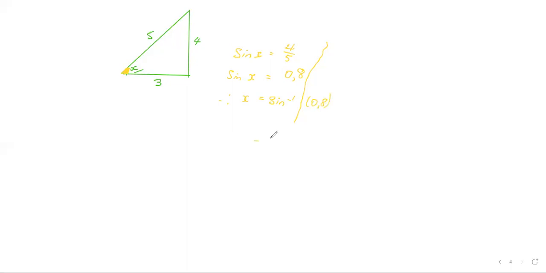Therefore X, the inverse sine of 0.8, will give you 53.13 degrees.